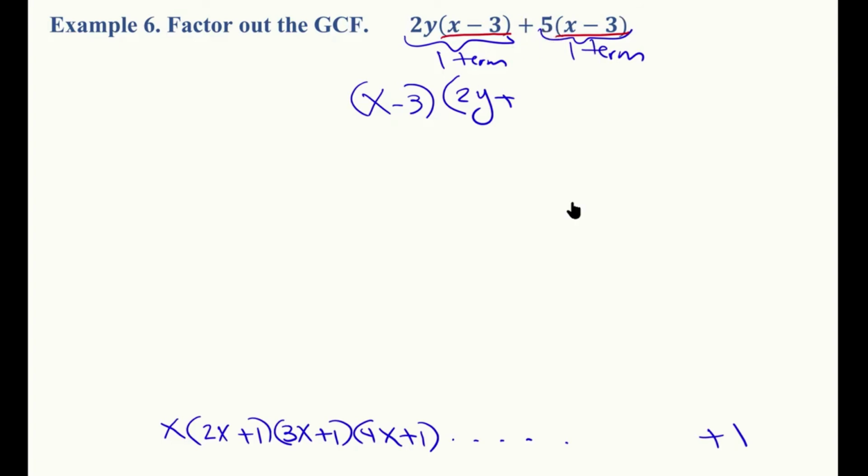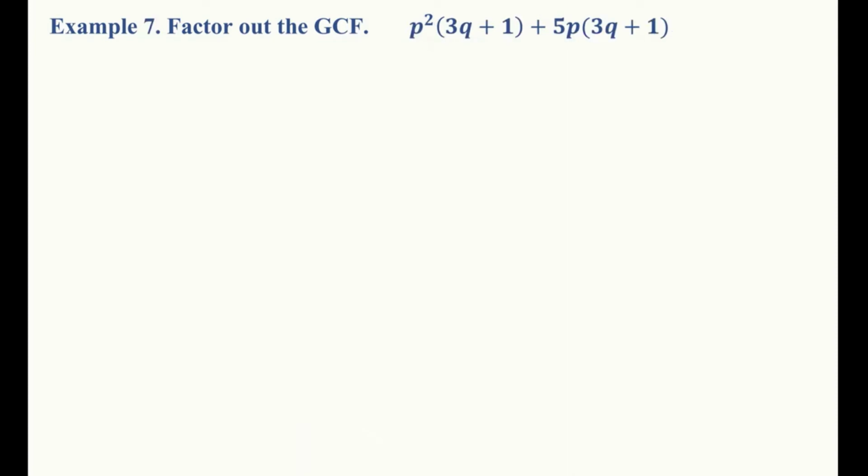What's missing? 5. And that's how you factor out a binomial GCF. It doesn't even have to be a binomial. It could even have 10 terms. So we should generally say that's how you factor out a polynomial GCF. But most of the time, the type we're going to encounter are going to be binomials at most.